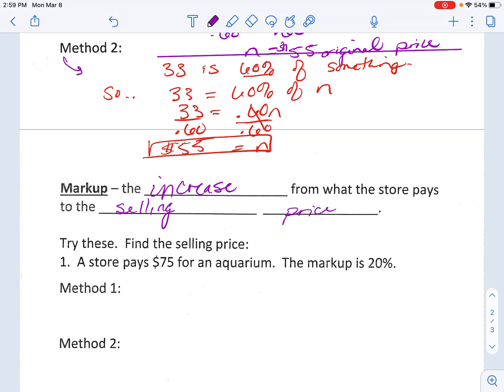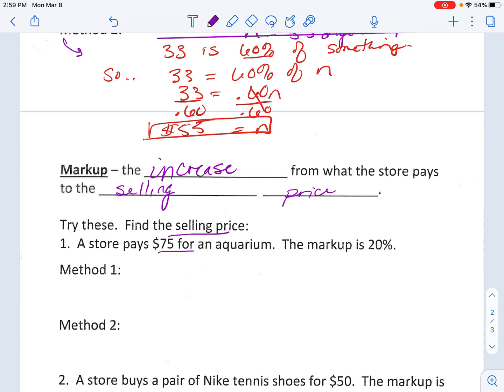All right, so we're going to find the selling price. A store pays $70 for an aquarium. That's what they have to pay. They're going to mark it up 20% to make a profit. Okay, method 1. 20% times the $75 aquarium.